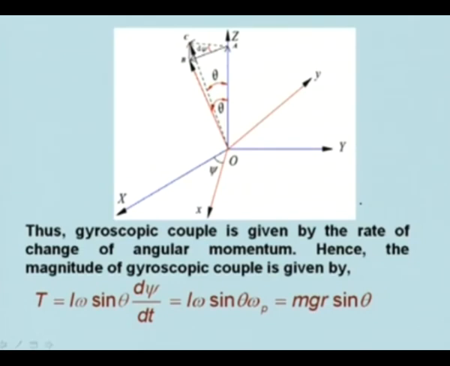Hence the magnitude of gyroscopic couple is T is equal to I omega sin theta d psi by dt, which is I omega sin theta omega p, and that is equal to mgr sin theta.